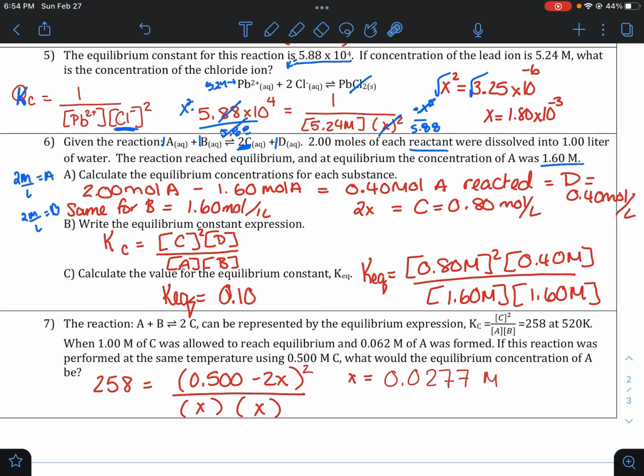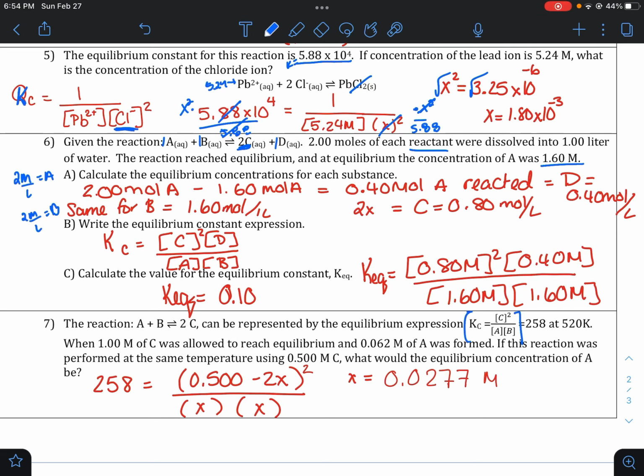But what we can do here is turn this into an algebra problem. So our K value there, our K expression there.